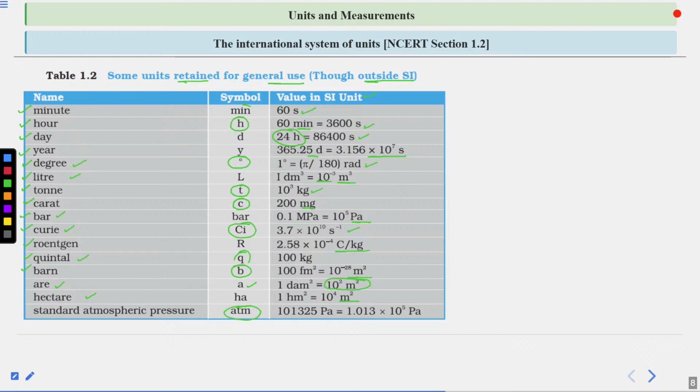So the value is 1.013 into 10 raised to the power 5 Pascal. It means 1 ATM is equal to 1.013 into 10 raised to the power 5 Pascal. Clear? These are some units retained for general use. If you have any doubt, please ask.